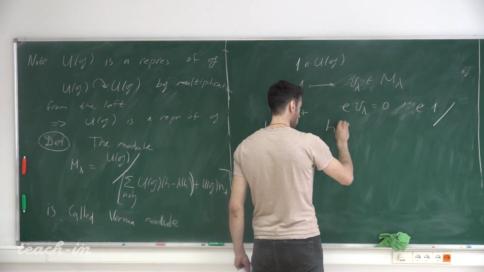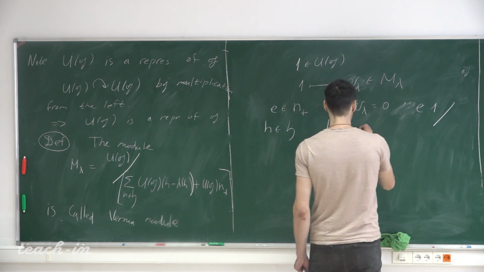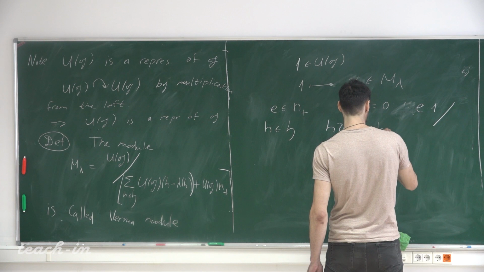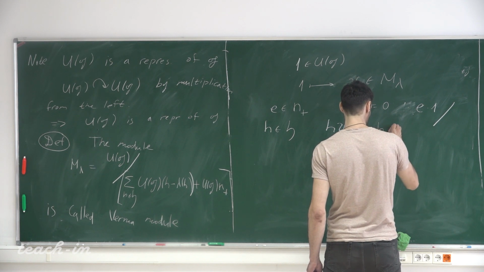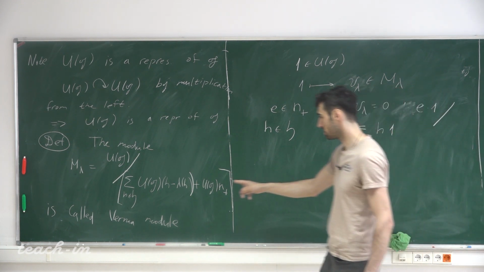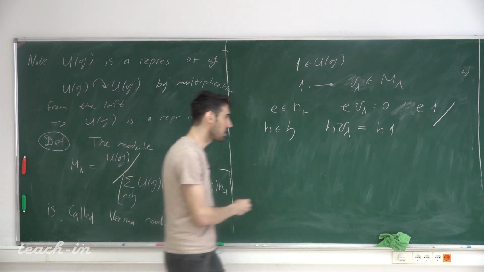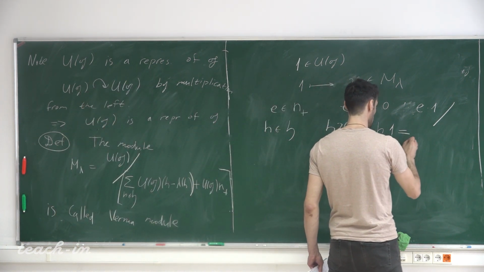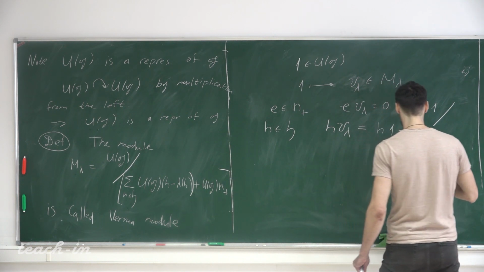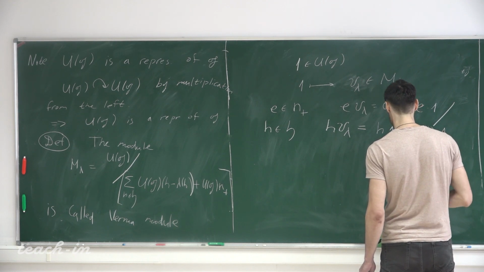If I apply h to V lambda, then what's going on? I take h applied to 1, right? But modulo elements of such sort, this is the same as lambda of h applied to 1, right?